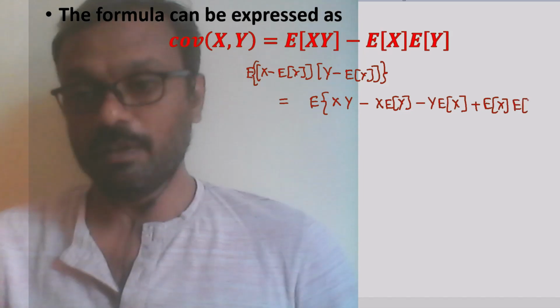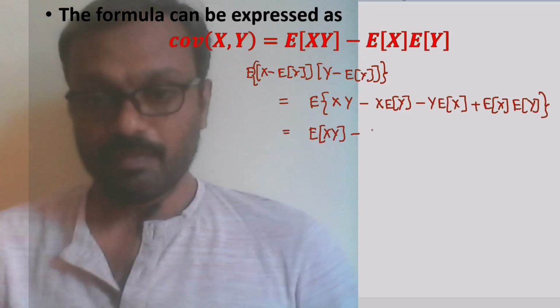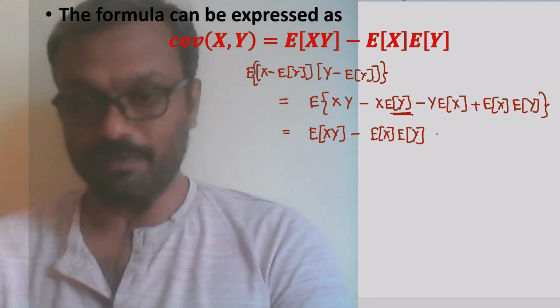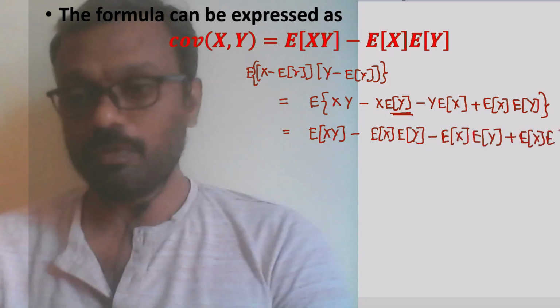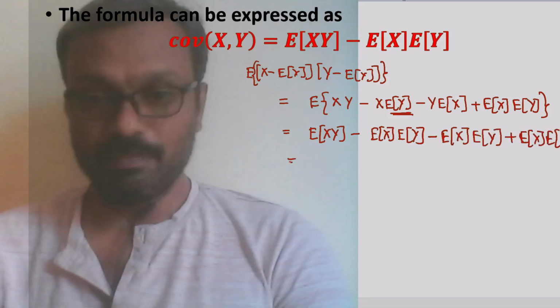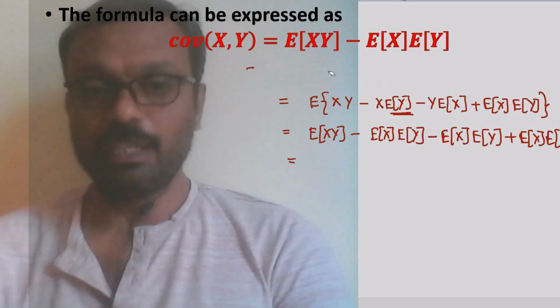Now applying the properties of expectation, we have E of xy minus E of x into E of y, because this E of y is a numerical constant and we know expectation of Ax is A into expectation of x. So again applying the same property, it's again E of x into E of y plus E of x into E of y, which can be simplified as the result we have taken here, E of xy minus E of x into E of y.